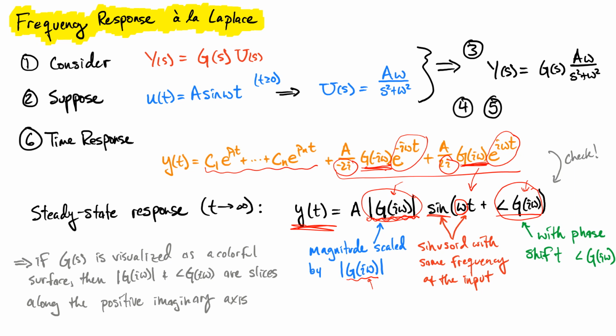And similarly, the phase is the complex phase of the transfer function evaluated at i omega. So this represents the shift, and this represents the magnitude change, which gives us a little better clarity than what we got from a state space perspective on how the value of omega parameterizes the different magnitudes and phases you would get over different values of frequency.